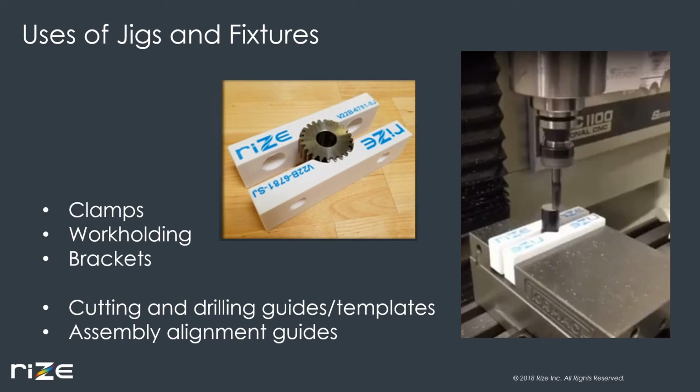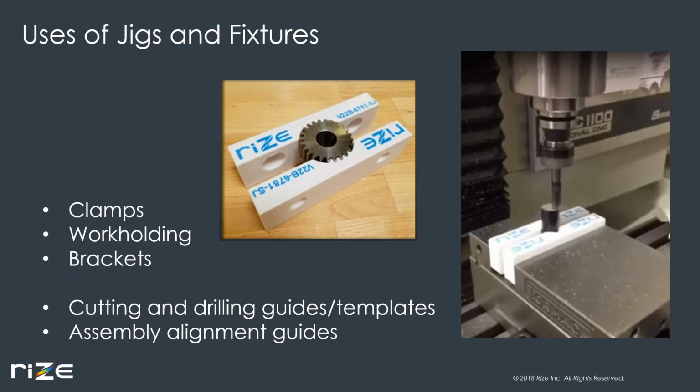Some examples of jigs include guides and templates for cutting, drilling, and aligning components during assembly. There's a huge variety of other creative ways of using these or similar devices depending on your application needs.